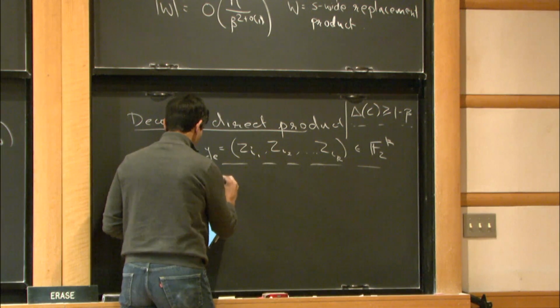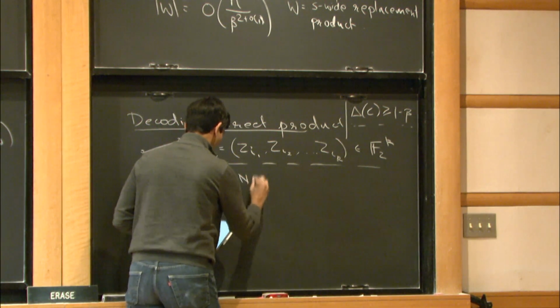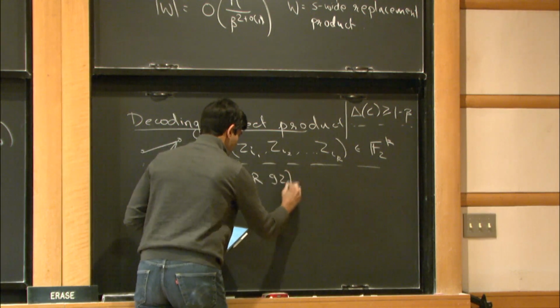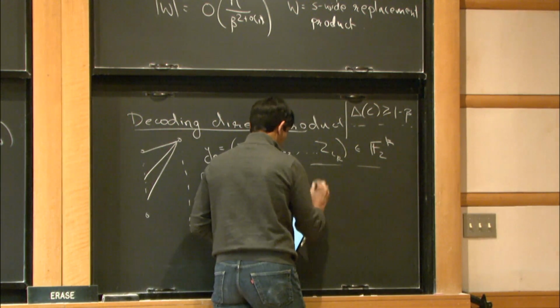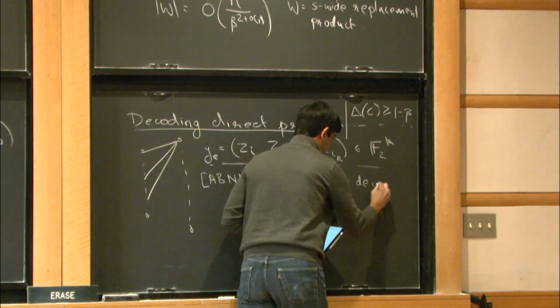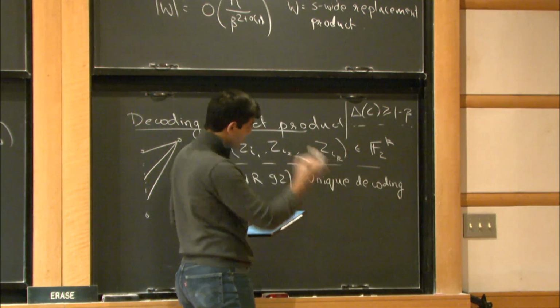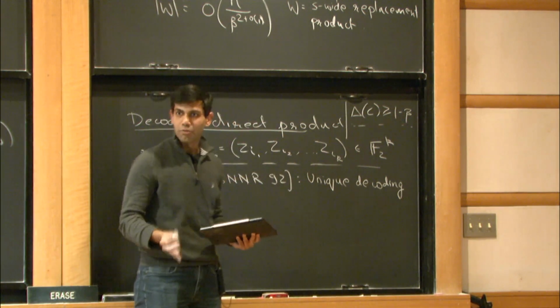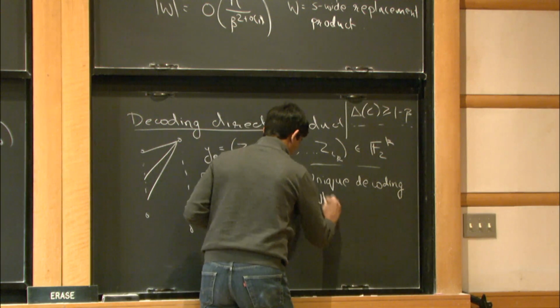The work of Alon, Bruck, Naor, Naor, and Roth gives unique decoding for this code. Again, it reduces the unique decoding question to the decoding for C_0. So all of this is assuming C_0 has good algorithms.